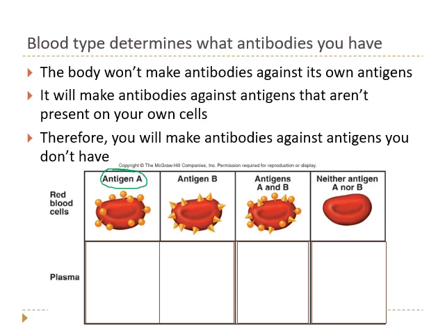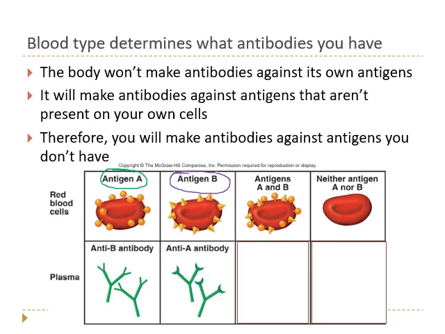But I will make antibodies against type B antigen because those are foreign to me. So if I look in my plasma, I will have anti-B antibodies. Similarly, if you have type B blood, you're not going to make antibodies against B antigen, but you will make antibodies against A antigen because that's foreign to you. So you're going to have anti-A antibody.